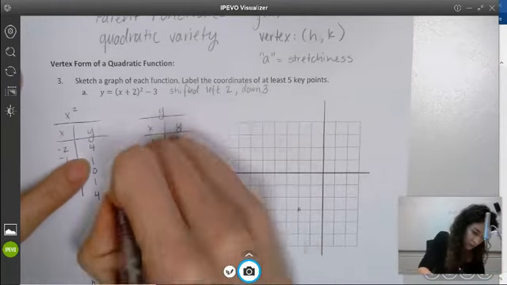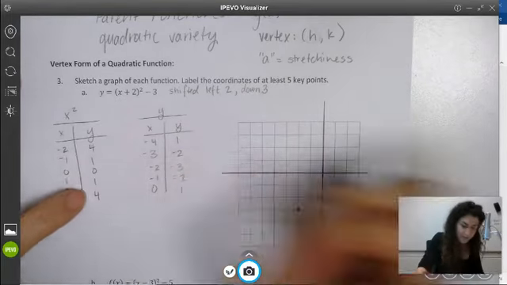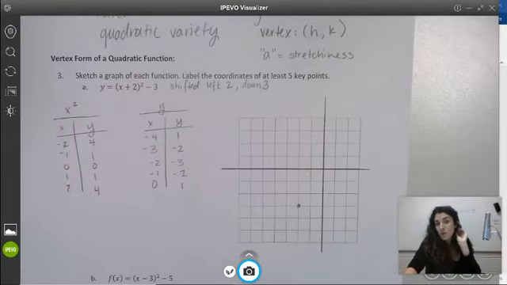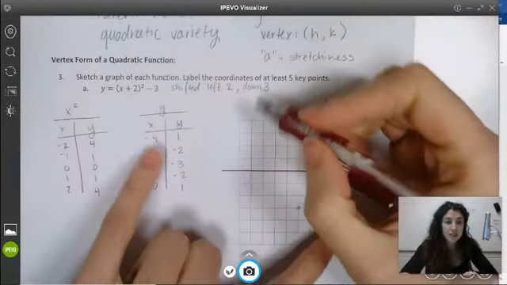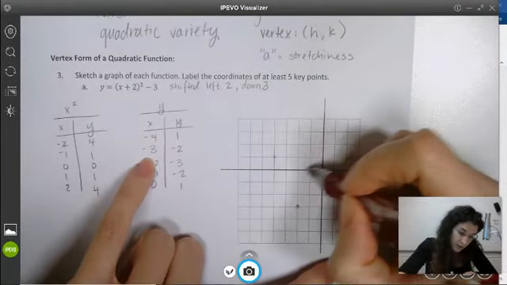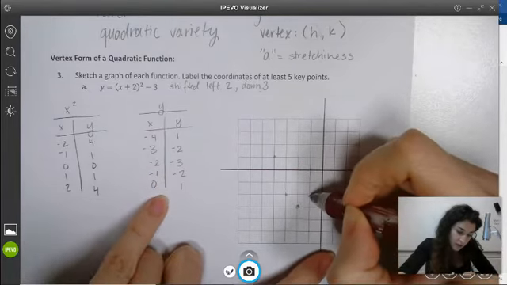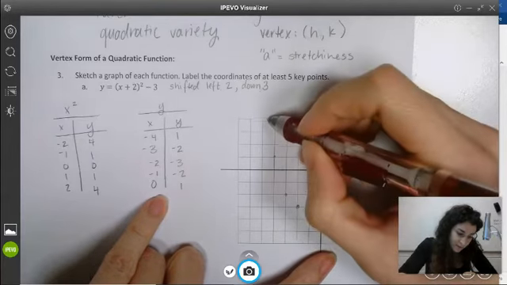So I could do 4 minus 3, 1 minus 3, 1 minus 3, 4 minus 3. And those are now all of my new points. So I can take all of my new points and plot them. -4, 1. -3, -2. -2, -3, -1, -2, 0, 1.